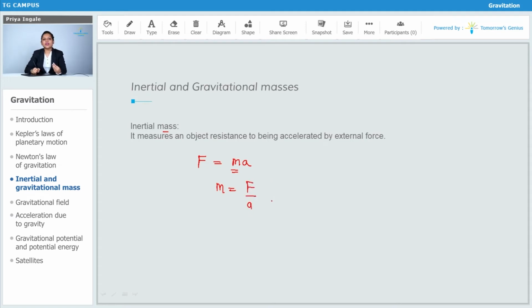If I apply 1 Newton force on an object to accelerate it by 1 meter per second square, then we can say that the object has a mass of 1 kg.